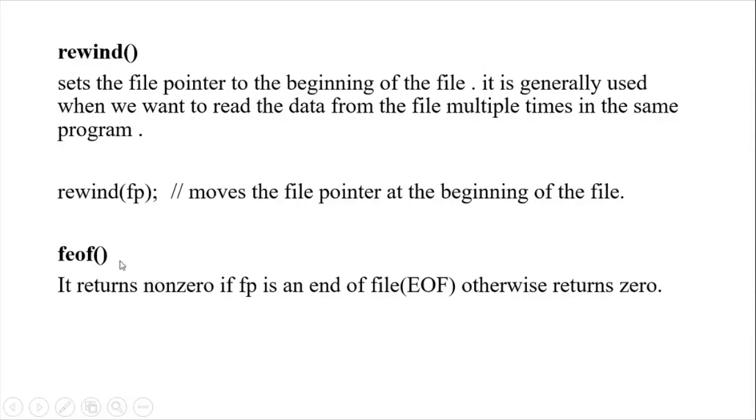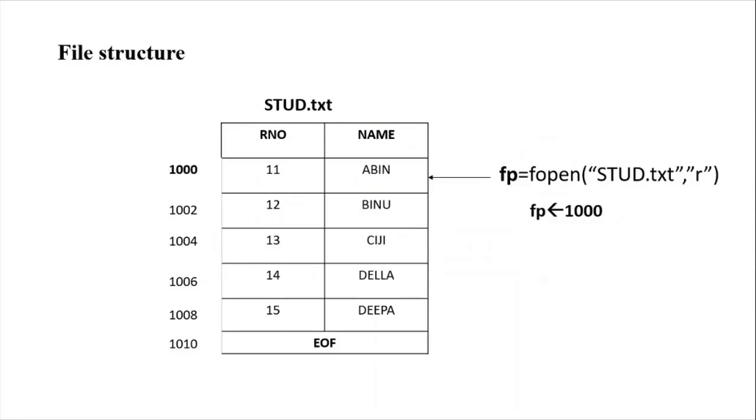Then the next function is feof, file end of file. This function returns a non-zero value if fp is at the end of the file. Otherwise, it returns 0. If the file pointer is pointing to the end of file position, then it will return a non-zero value, any positive value.